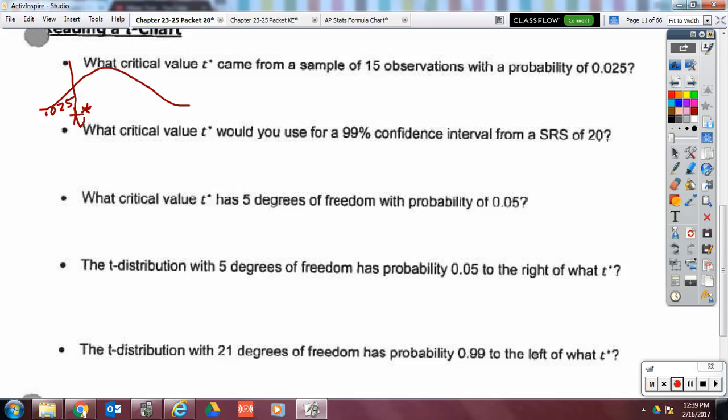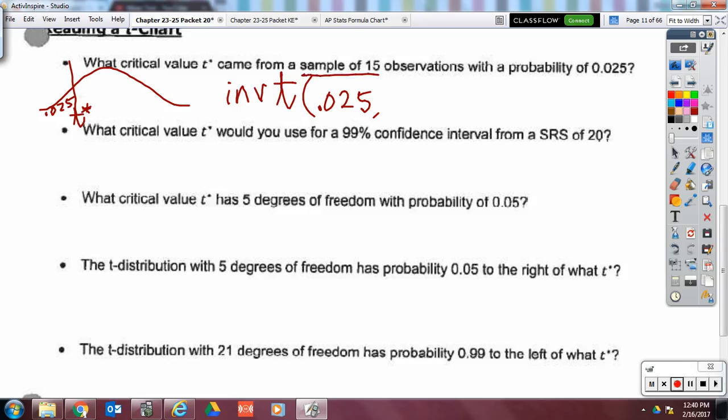We did inverse norm, so with this, we're going to inverse T of our one tail, 0.025, but we must include the DF because we have to tell the calculator which T-curve to calculate off of.